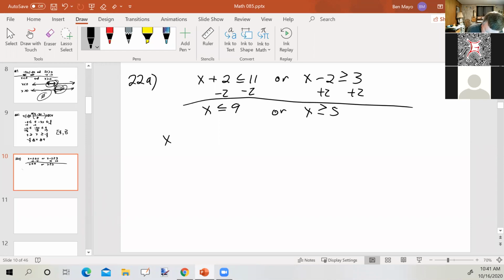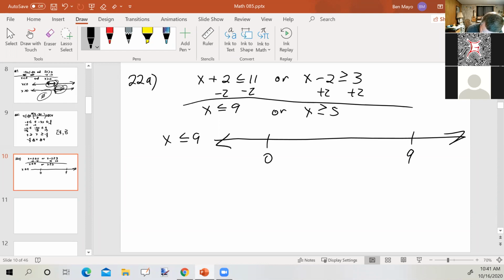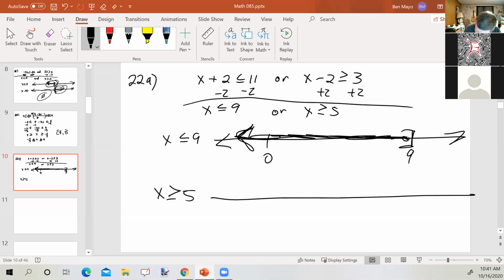So x less than or equal to 9 would be a bracket at 9 with an arrow going to the left. Okay? x greater than or equal to 5 would be a bracket at 5 and an arrow going to the right.